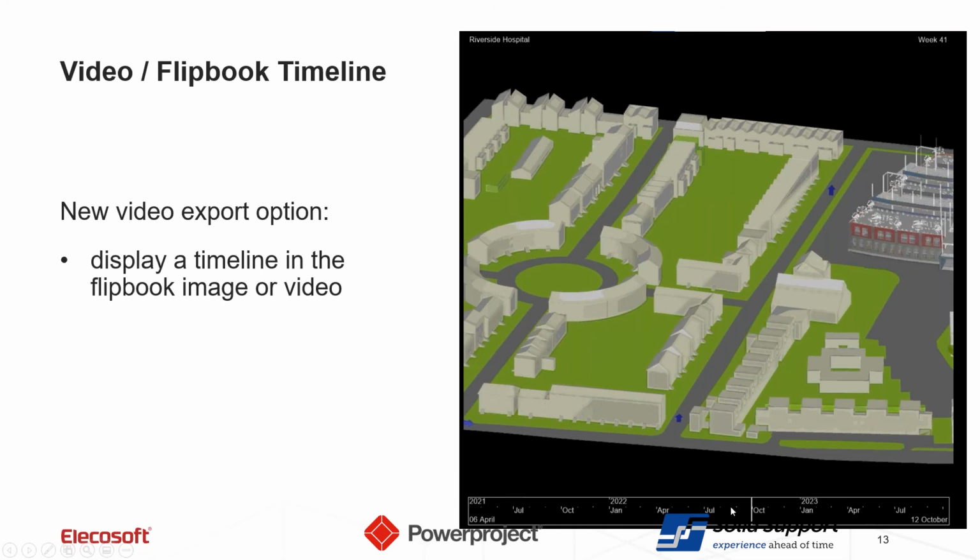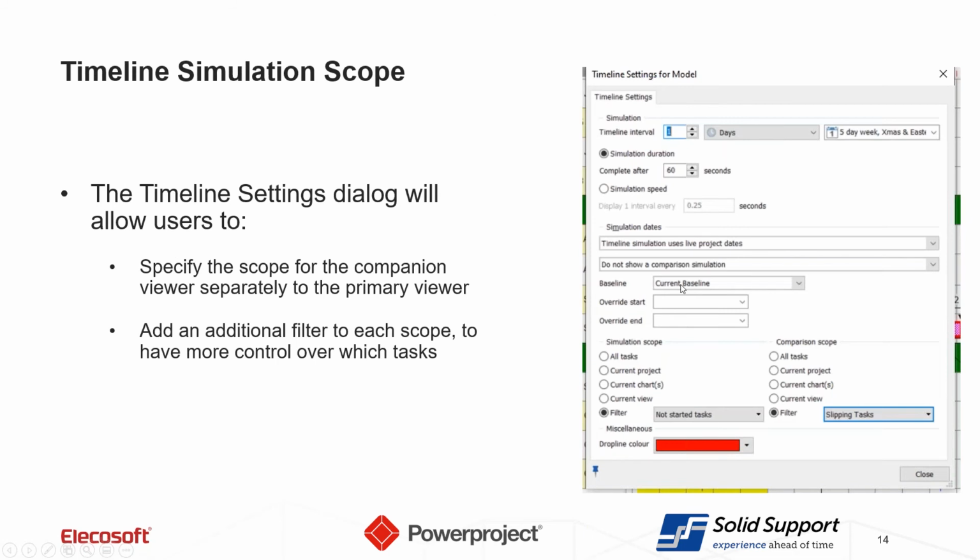Other options we have in here is we've always had the ability to export to a video and to a flipbook. A flipbook is just an image every Monday or every Wednesday or every other Wednesday or whichever you want. That would show data information like you see here, the name of the project, what week it is, what task names are happening, and so forth.